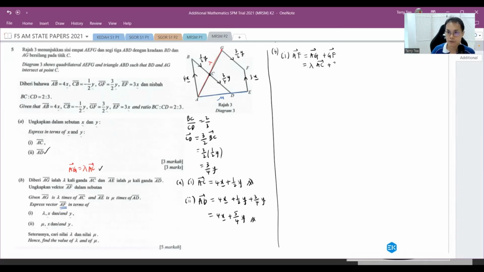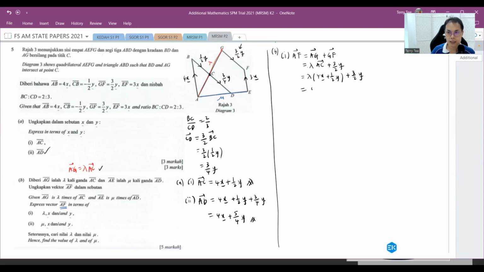My GF is 3/2y. From my diagram, I can see that GF is 3/2y. Now, my AC I already have here, 4x plus half y. We write here 4x plus half y, then you add 3/2y at the back.